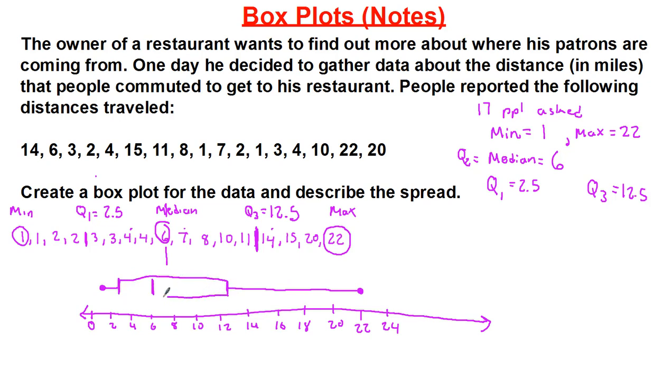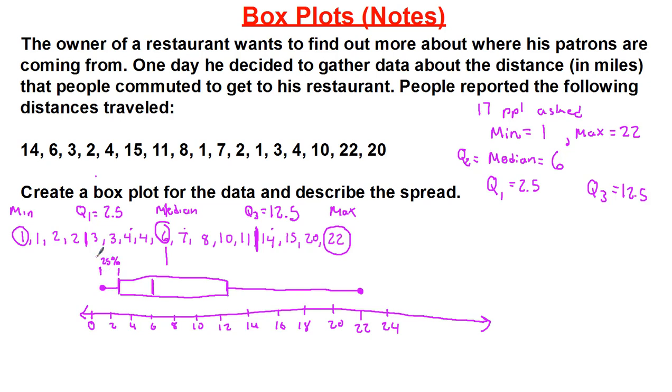All right, so as you can see, it's always going to have a point and then these 3 slashes and then another point. Now, what you have to understand is that these are separated into sections. So this right here is going to be the first 25% of the data. Okay, going from the minimum to the first quartile represents 25% of the data.